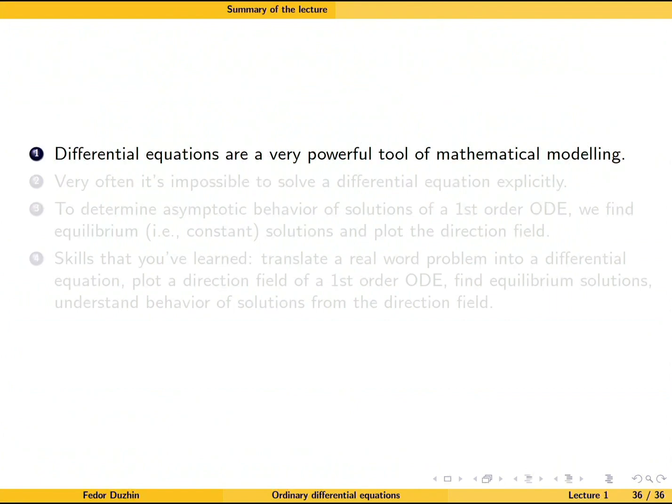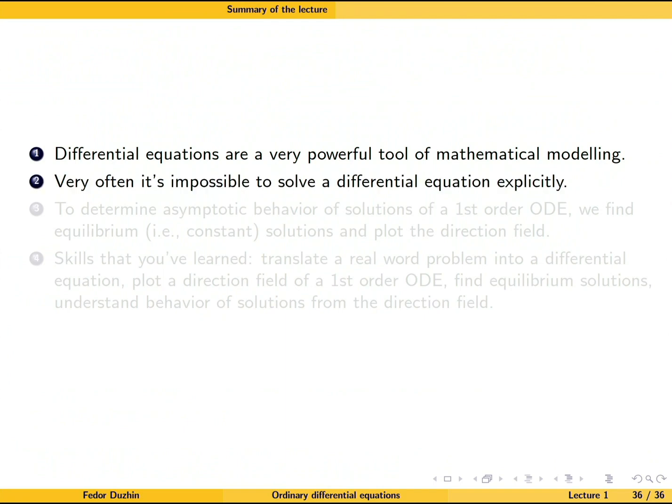All right, and let me wrap up the lecture. So what we've learned today is that differential equations can be used to model a lot of real-life problems. Today we have seen the model of a fallen object, the model of a coffee that is cooling down, the model of the growth of population using differential equations.